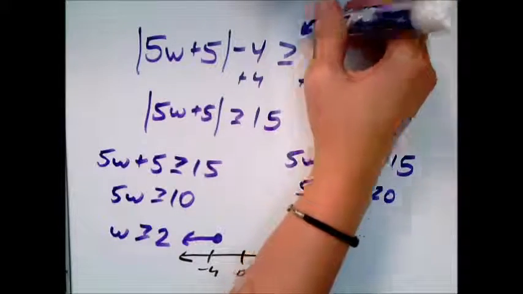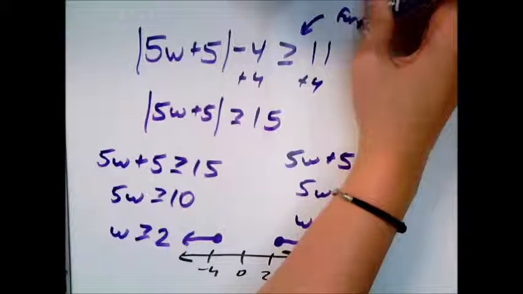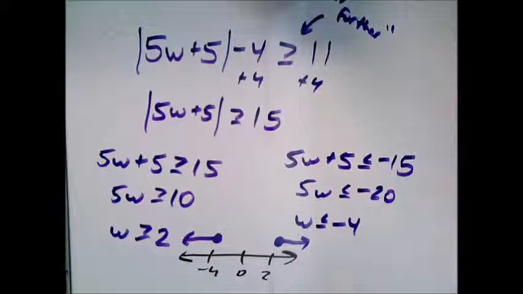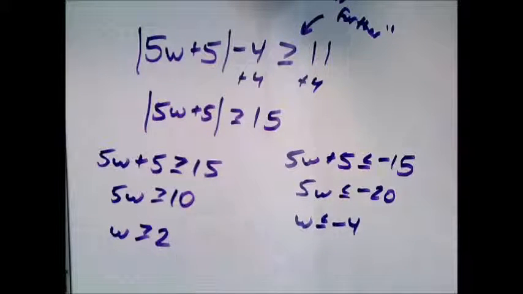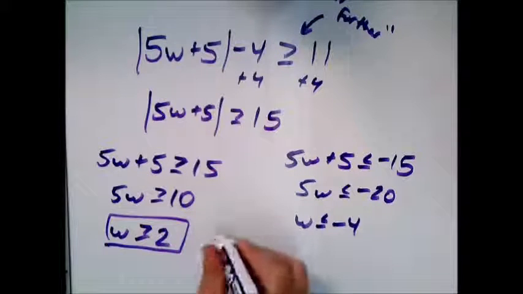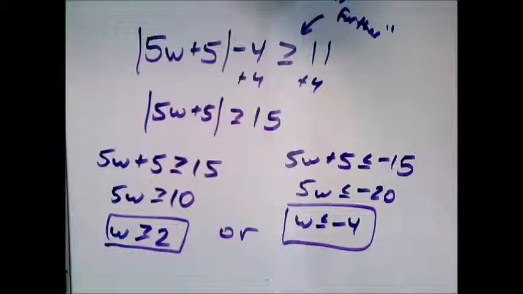So this will remind us, if the closer problems are and, the ones where we're trying to be further away than a certain distance, there's two ways we could be further away. We could be over here, or we could be further away in this direction. So these ones end up being or problems. So when they want you to write them down as your solution, the ones that start out greater than or equal to are OR problems because they're further away than a certain amount of units.